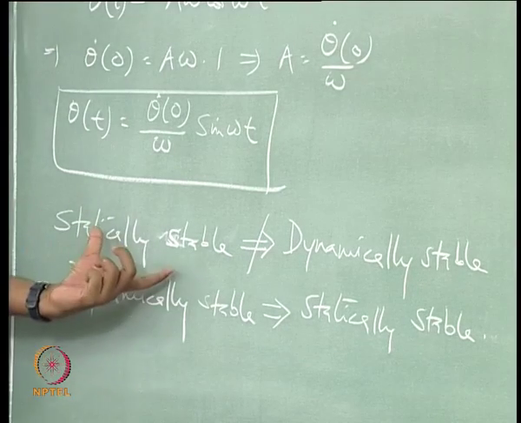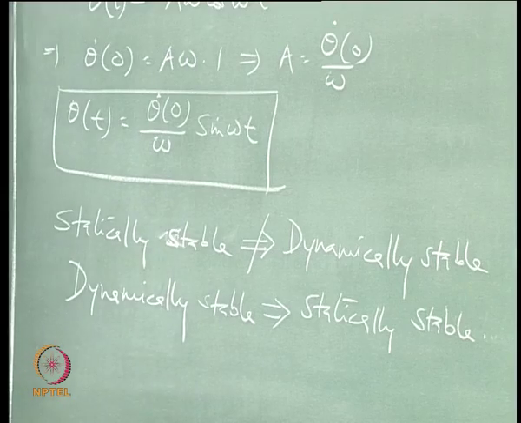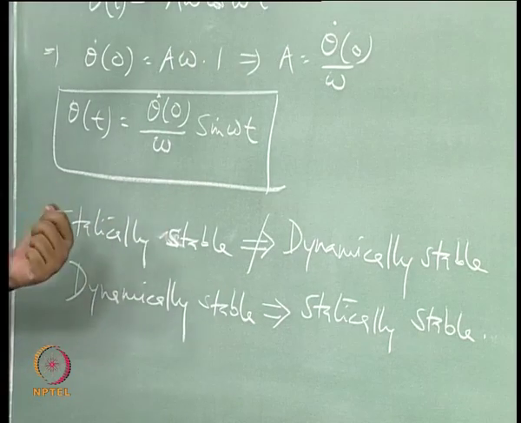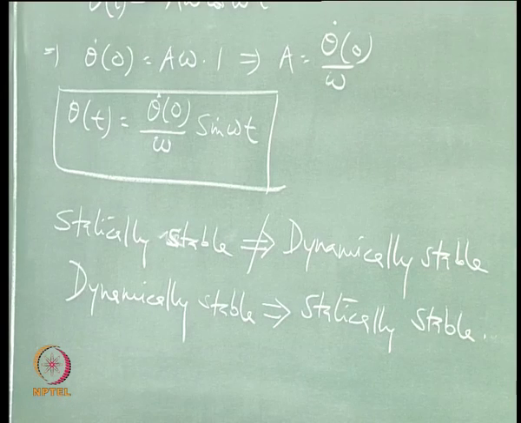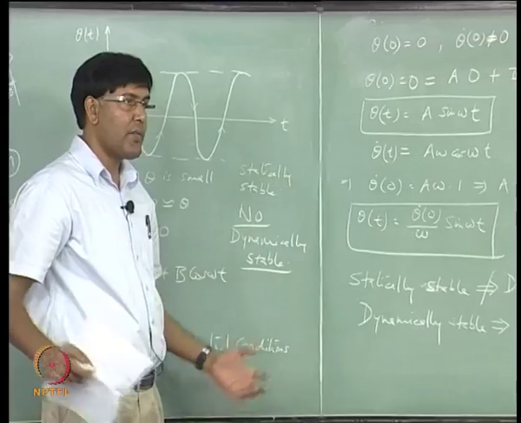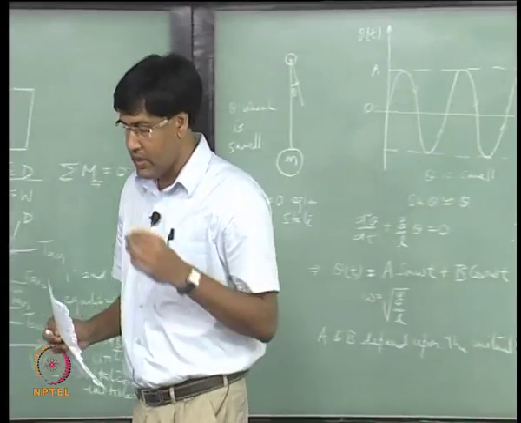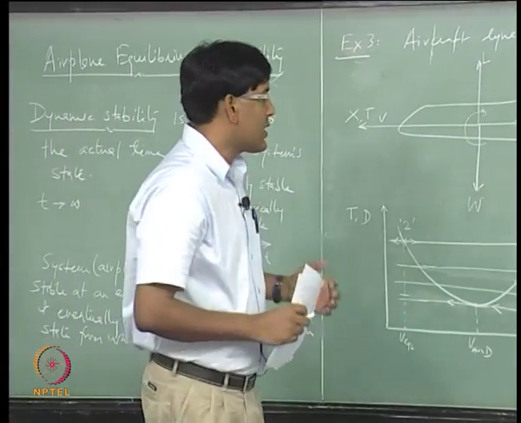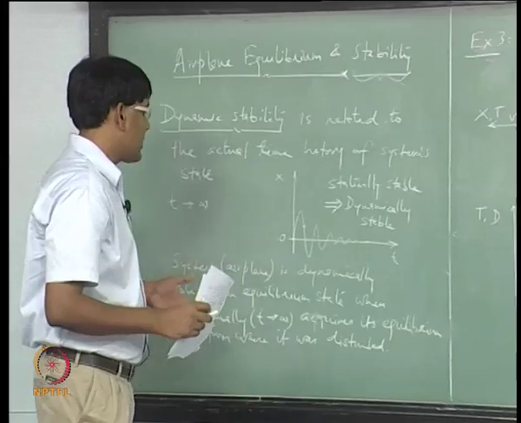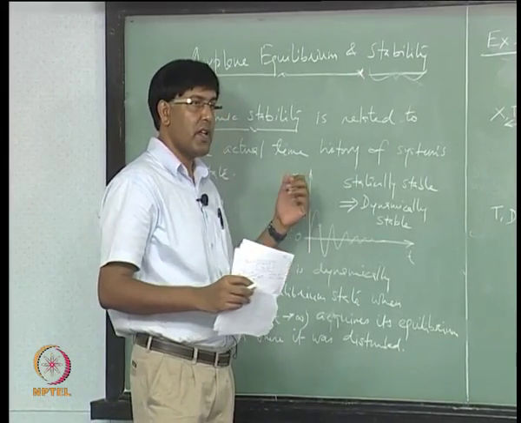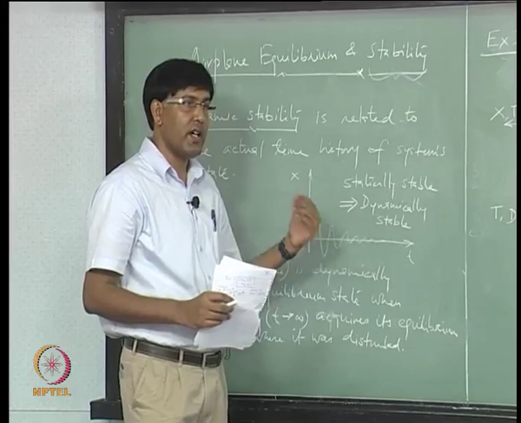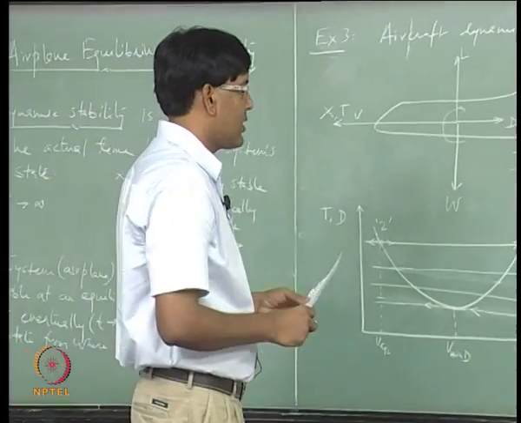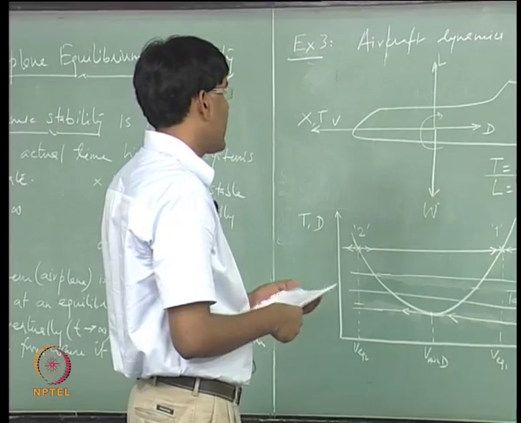But this is also useful, because the problem is, when you want to look at the dynamic stability of an equilibrium state of the system or the airplane, you need to incorporate all the parameters, use all the equations and solve all the equations together to find the solutions with respect to time, and then look at the time history and see if the transients are decaying in time or not.